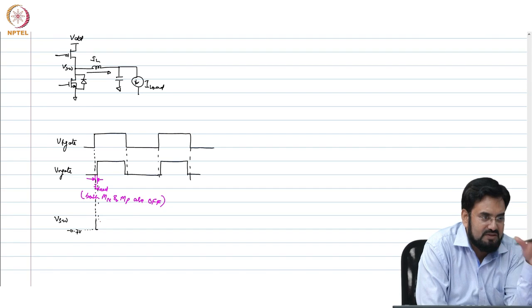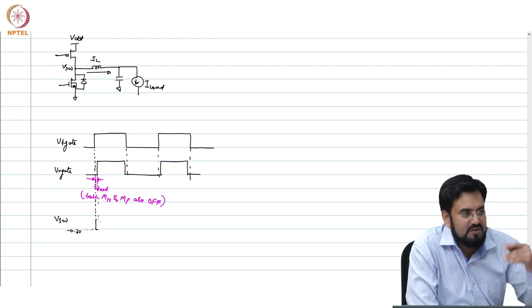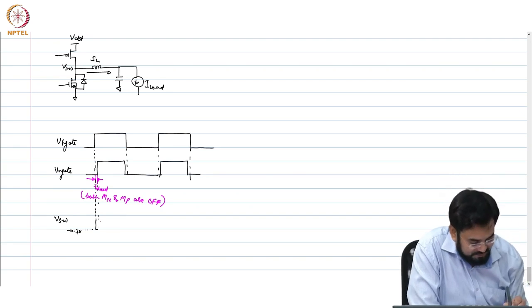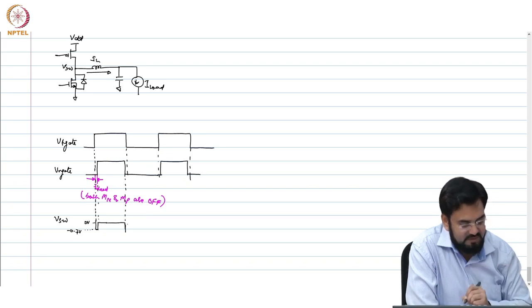Let's forget about the IR drop, you can ignore that. So it should go to the ground level, 0. So this is your 0, and it should remain 0 till this point, and we'll again do the same thing.